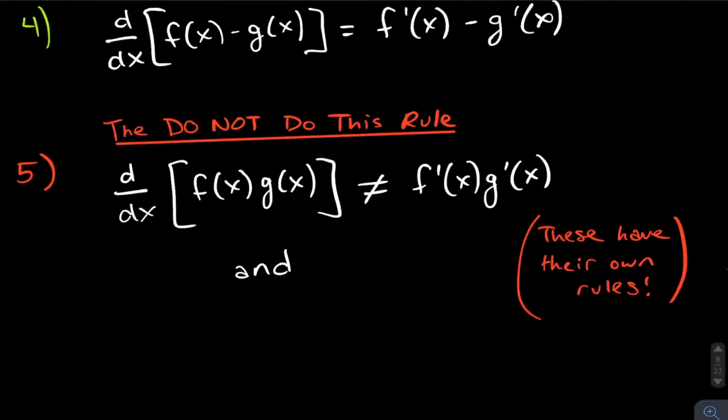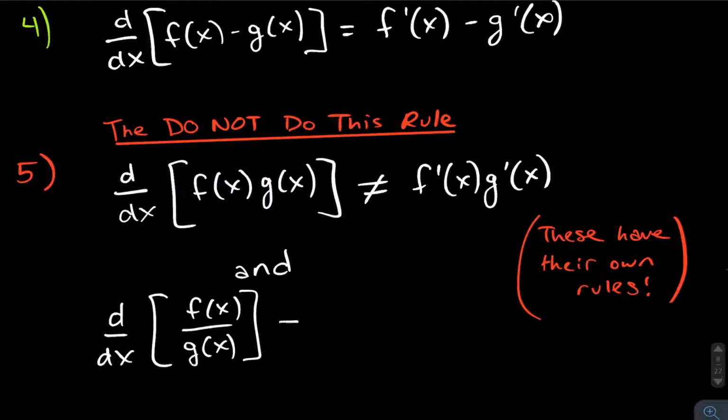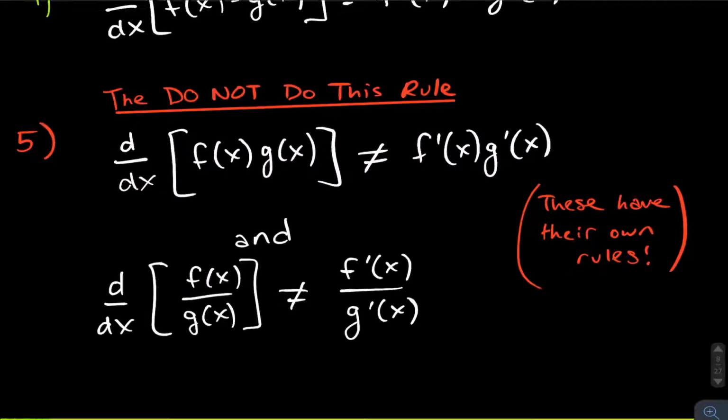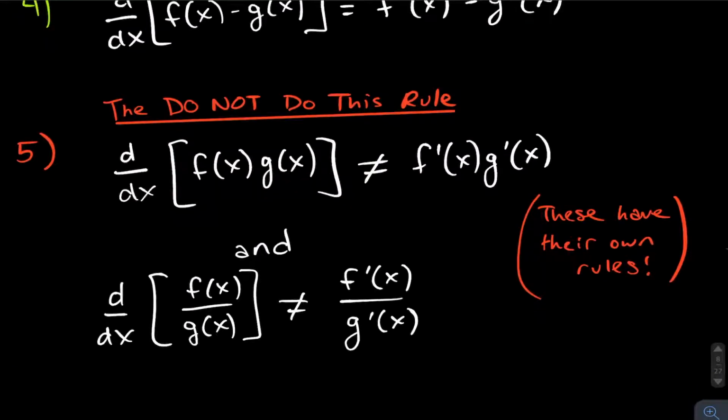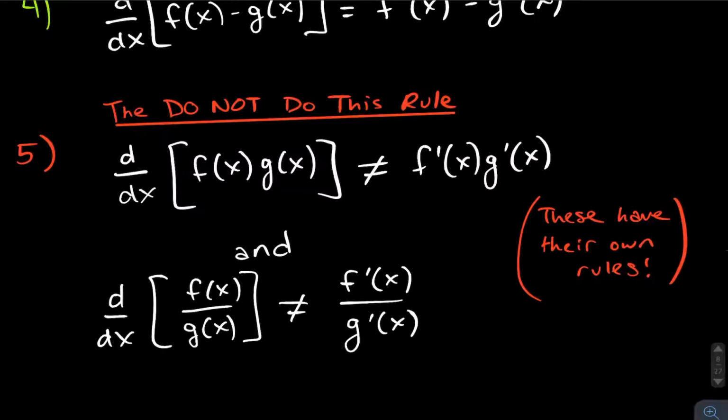And the same goes for division. The derivative with respect to x of f of x over g of x is not going to be equal to f prime of x over g prime of x. So let's do a quick example of the do not do this rule.